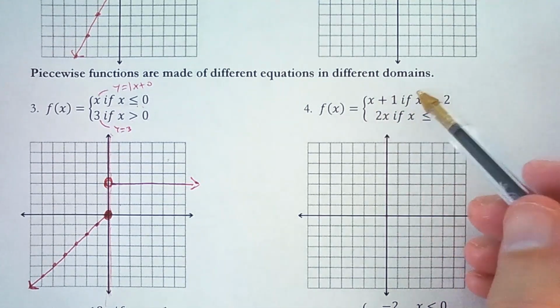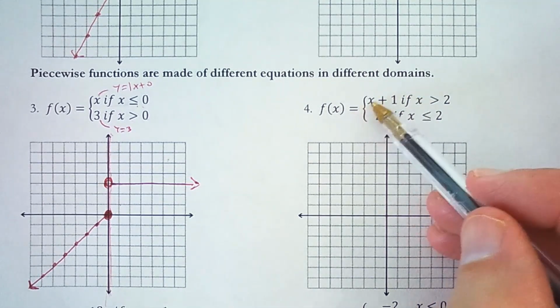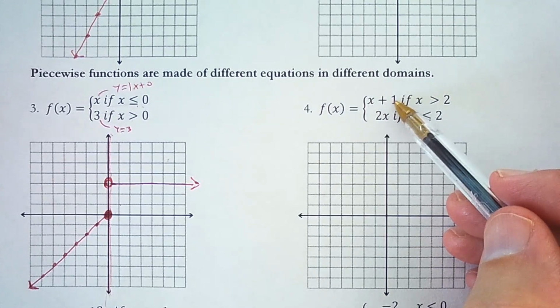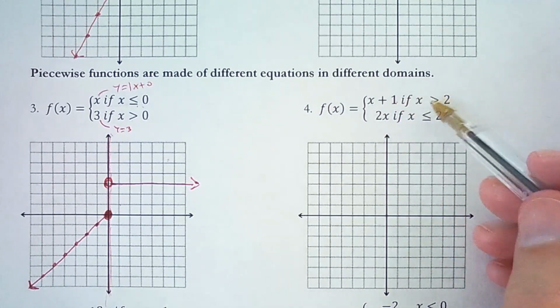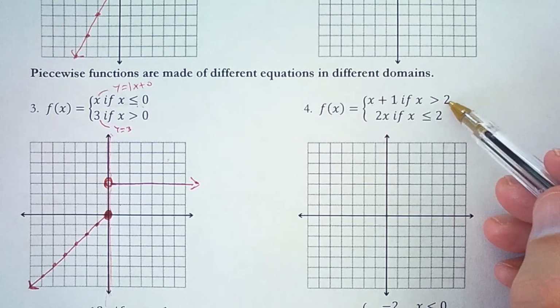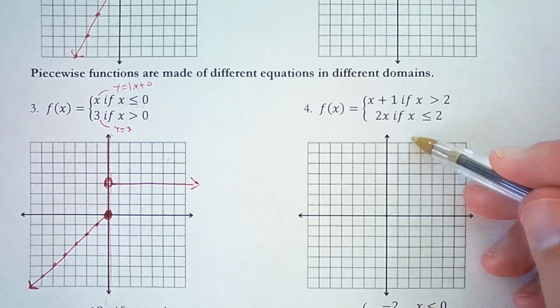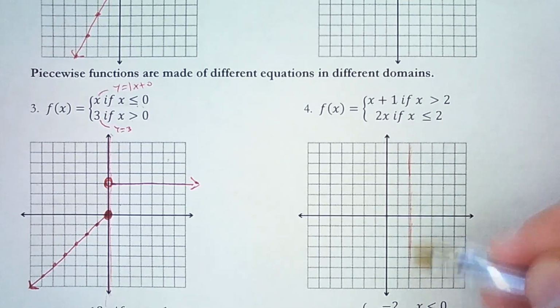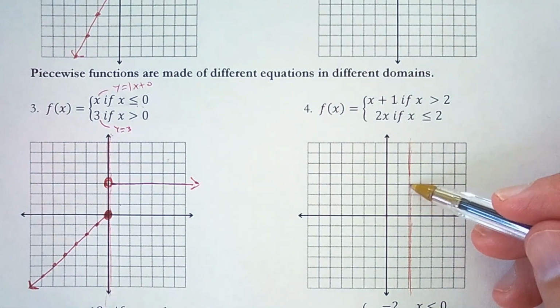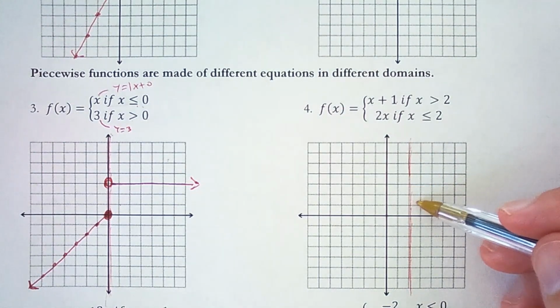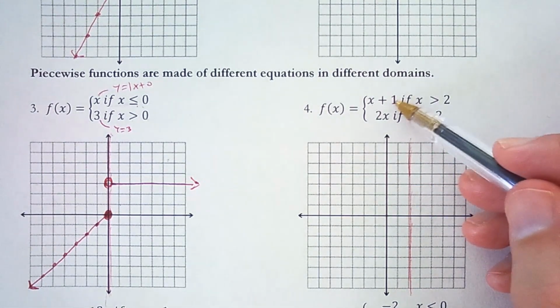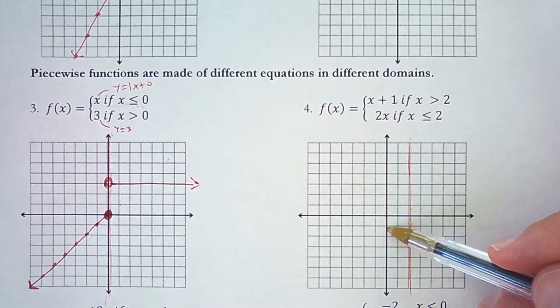So next I have f of x equals x plus 1, so that means it's got a y-intercept of 1, but my domain is all x greater than 2. So x greater than 2 means to the right of this line where x is 2. Now the y-intercept is 1, and that's on the y-axis.